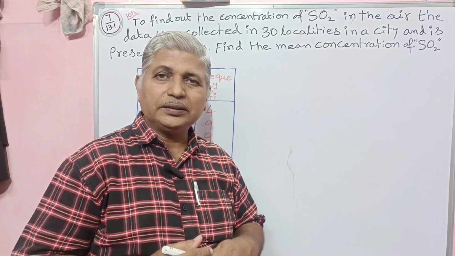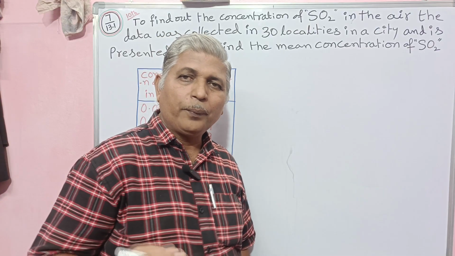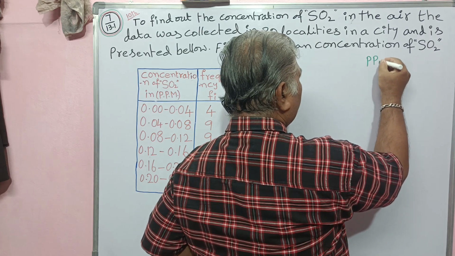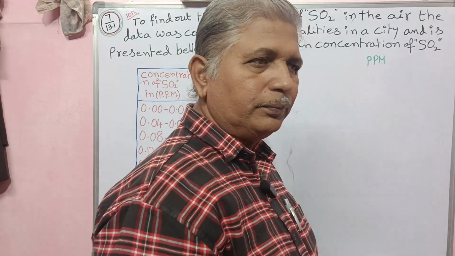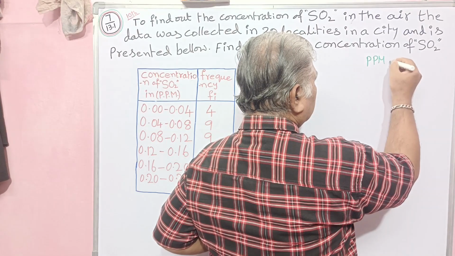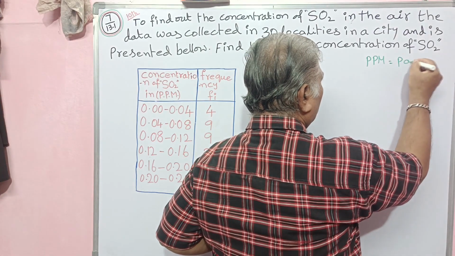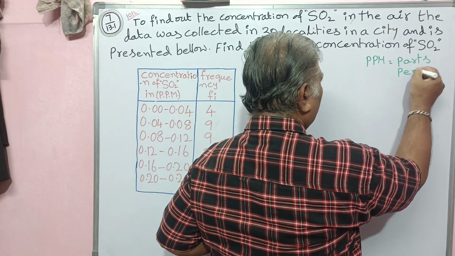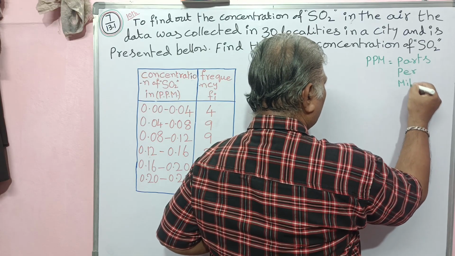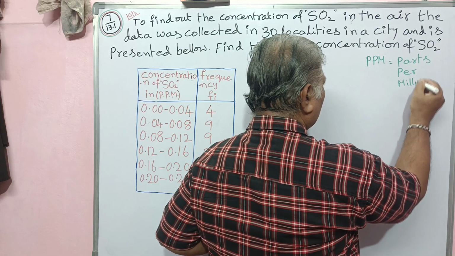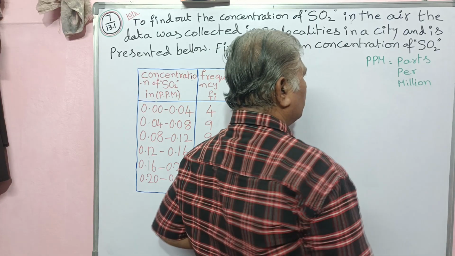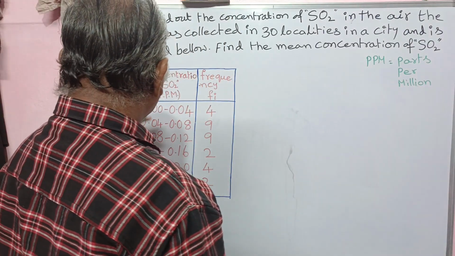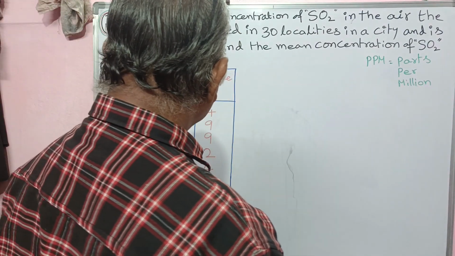What is the full form of ppm? Parts per million. That is ppm. The second one is frequency.